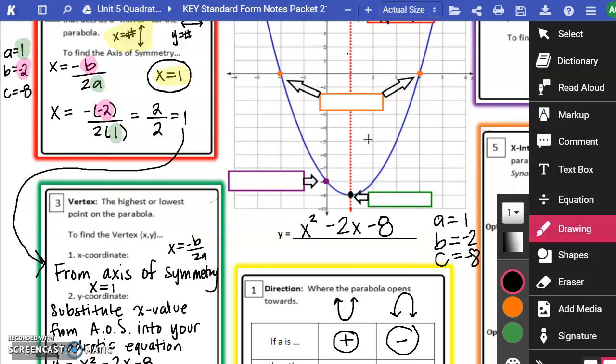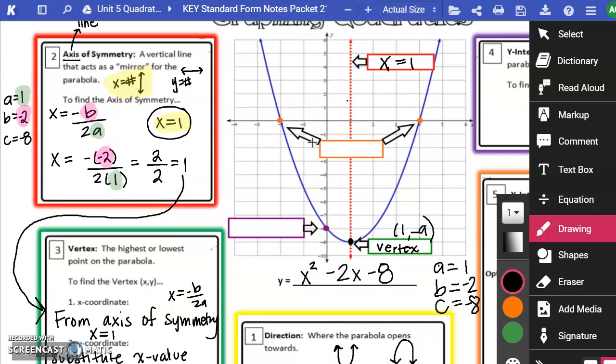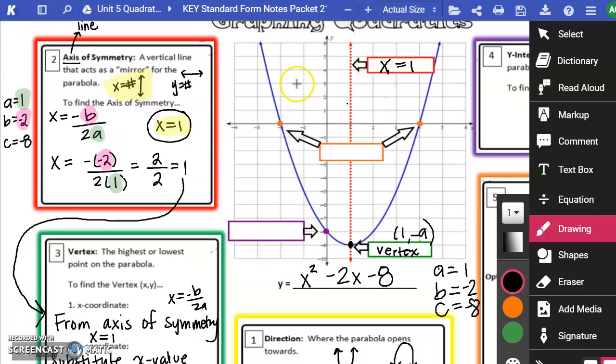Okay, if we go right 1, down 9, yes, that does look like it's the vertex. Now I'm going to write the word vertex here, as well as putting 1 comma negative 9. And I think that we should also, over here where it says x equals 1, I'm going to put AOS. Again, if you don't like that, you can write out axis of symmetry where you have space.